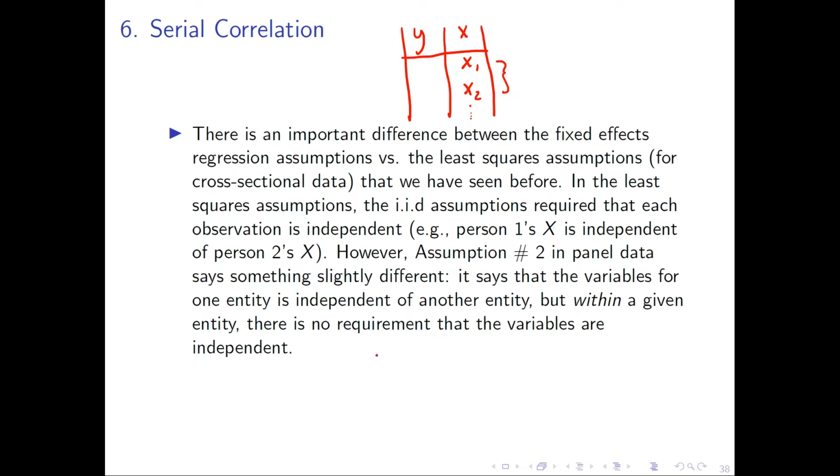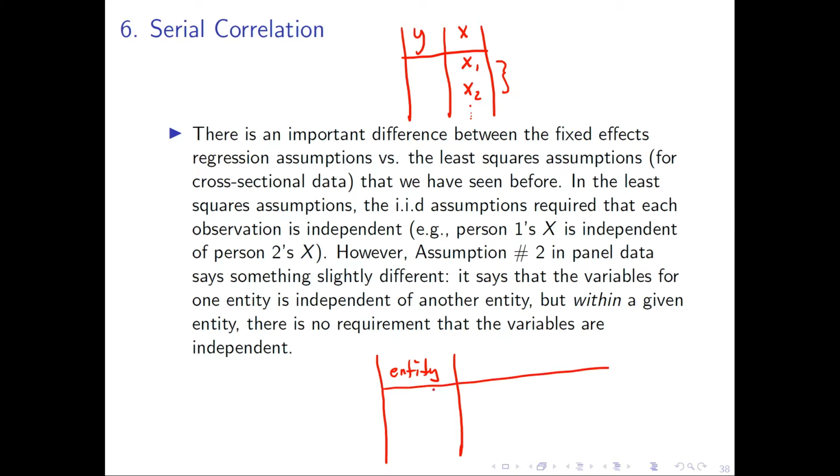What if we have panel data? In panel data, we have entity and we have time. Let me do this in a different way.